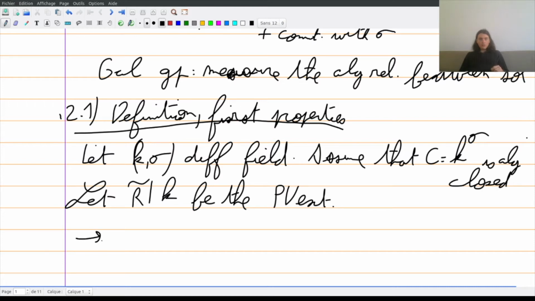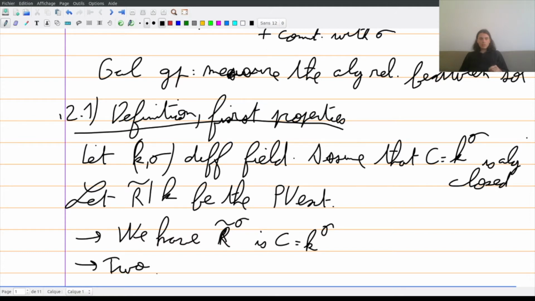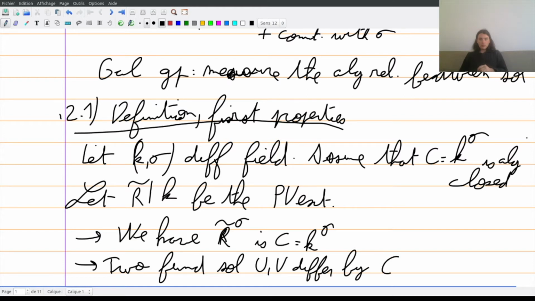And we have seen that the field of constants of R-tilde is the same as the field of constants C, and two fundamental solutions, U and V, differ by an element of GL_n(C).